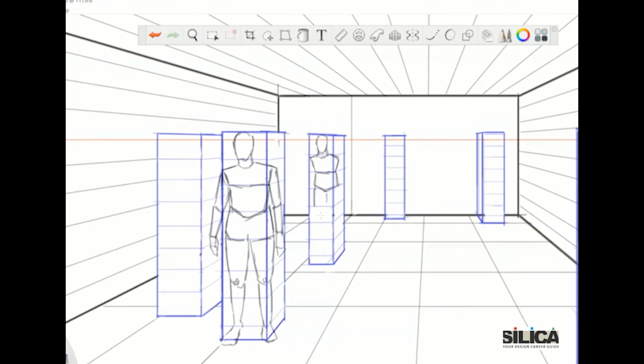One thing you have to make sure in drawing human figures is that all the heads of the figures should be at eye level.